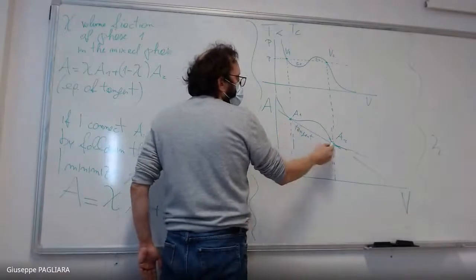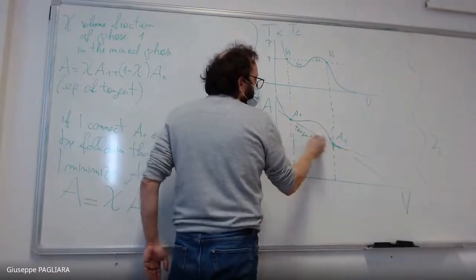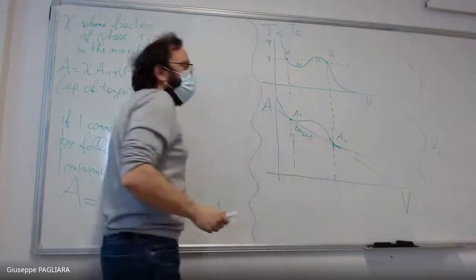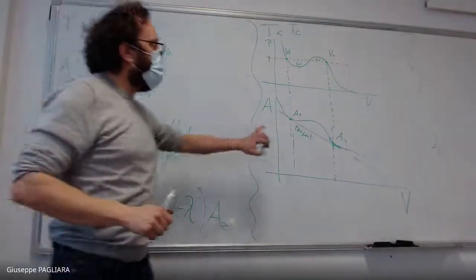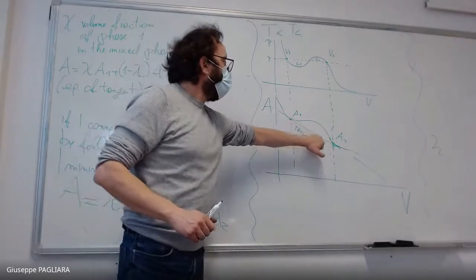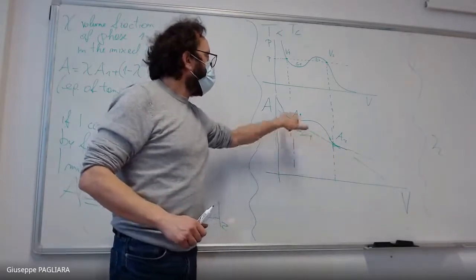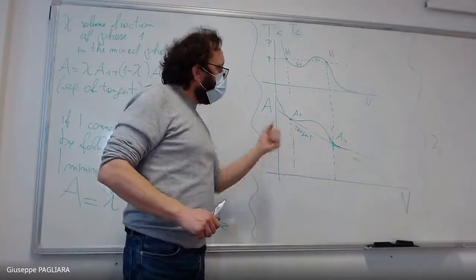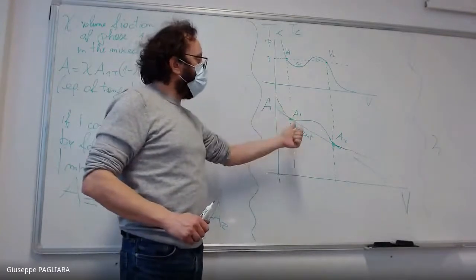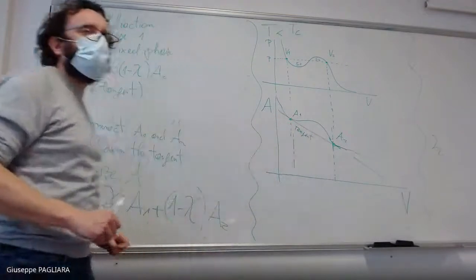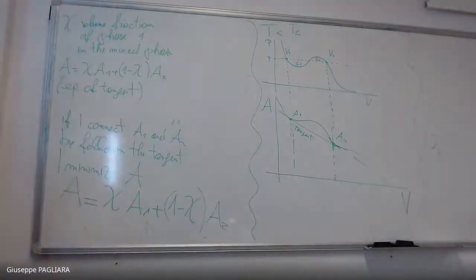Well, by connecting A1 and A2 with a tangent, with a straight line, which is this tangent, which I remind you means that the pressure is always the same, because the tangent is just the pressure. So I have a situation in which, again, the temperature is fixed, the pressure is fixed. What I change here is just the volume fraction of one phase with respect to the other.